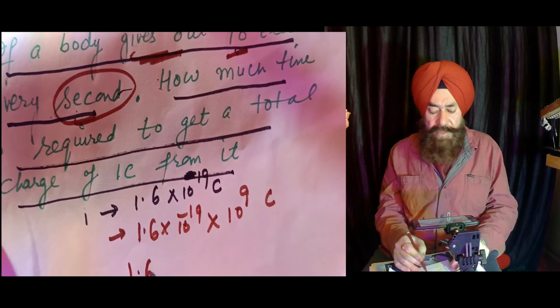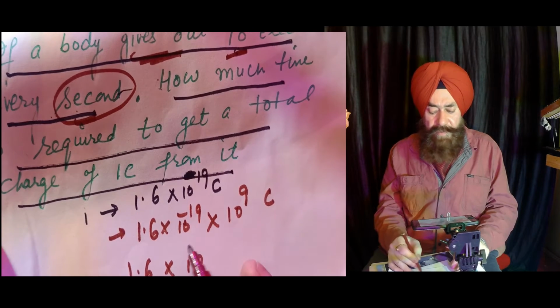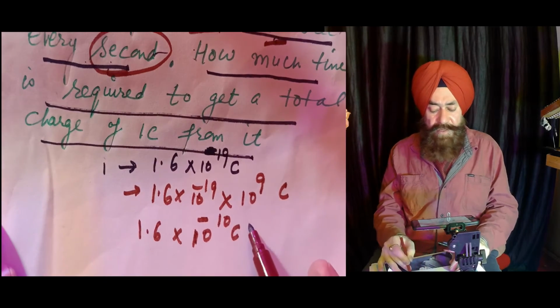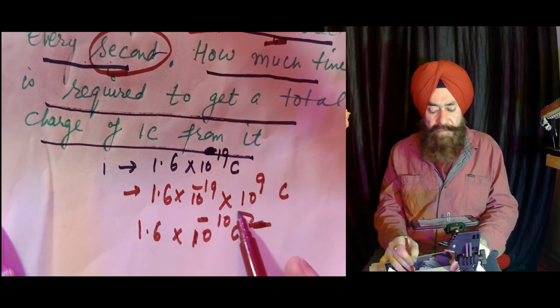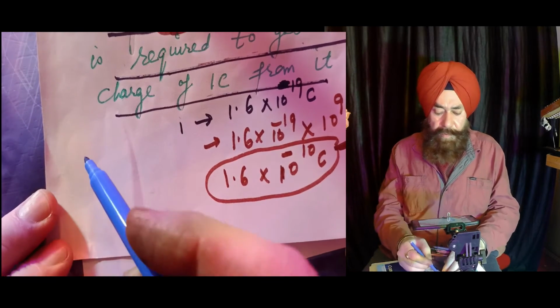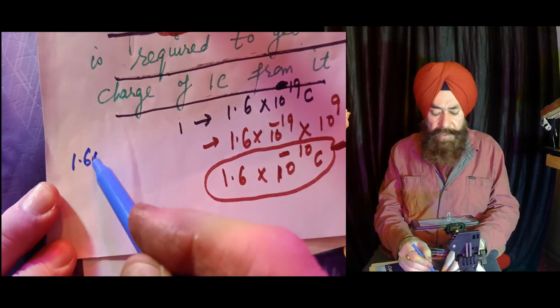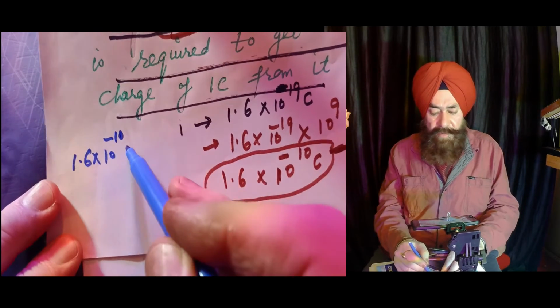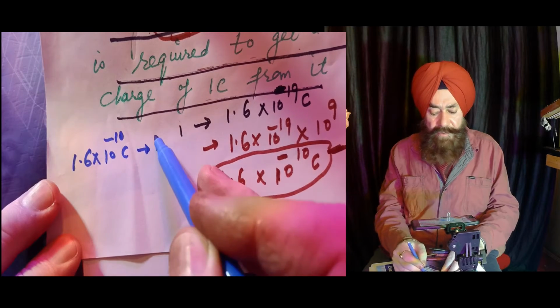So 1.6 into 10 raised to the power minus 10 coulomb. So in every second, the body gives this much charge, 1.6 into 10 raised to the power minus 10 coulomb. The time is 1 second.